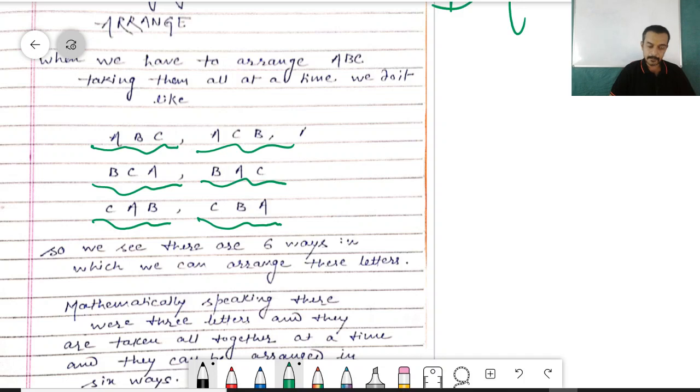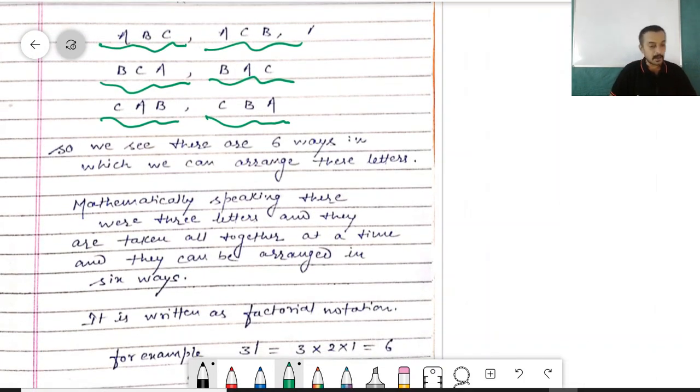Am I clear? Okay. Now, one thing is very important. I chose 3 letters, A, B and C, and then I took all of them at a time and started arranging them. So I got 6 ways in which these 3 letters can be arranged.